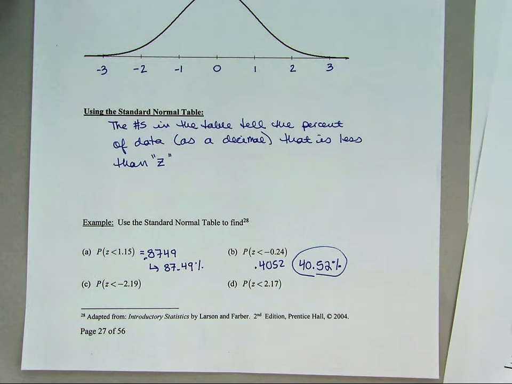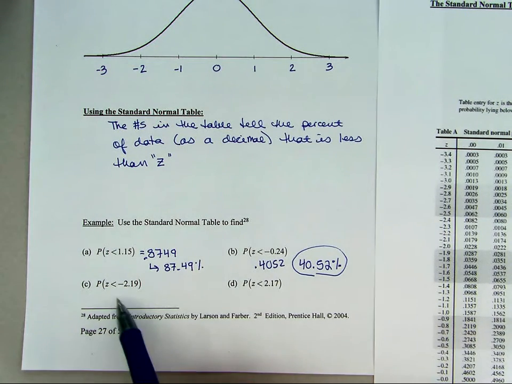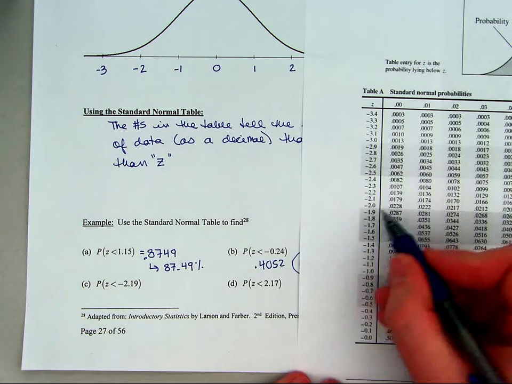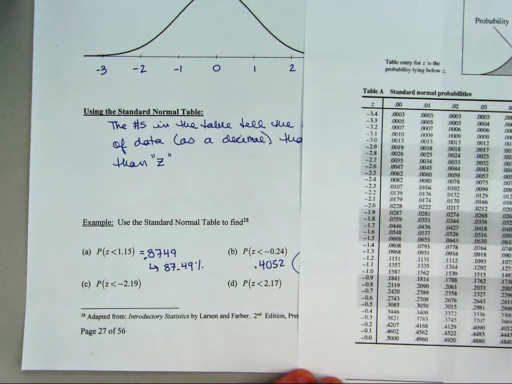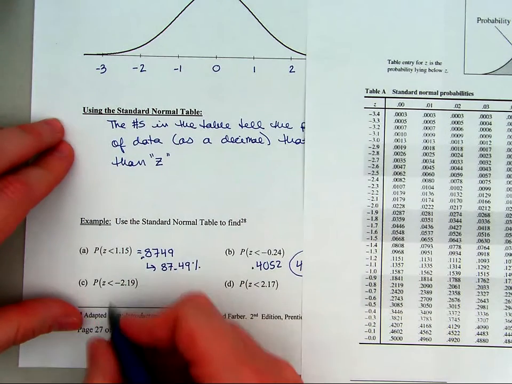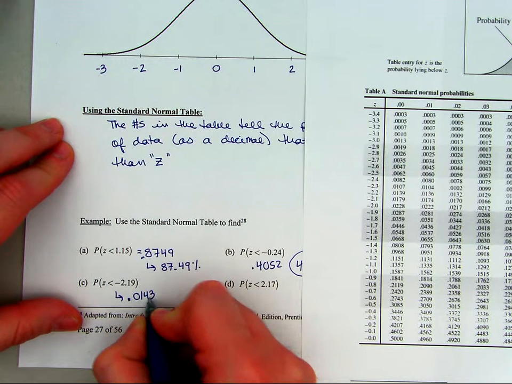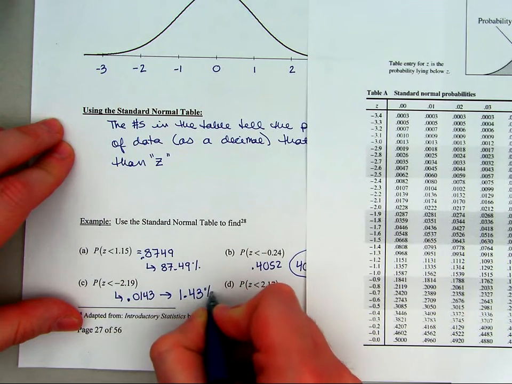In letter C, I want to find the percent of the data where the z-value is less than -2.19. I'm going to go to page 28. I'm going to look for -2.1. I'm going to go over to 0.9, and I'm going to see that the decimal there is 0.0143. And writing this as a percent, we get 1.43%.